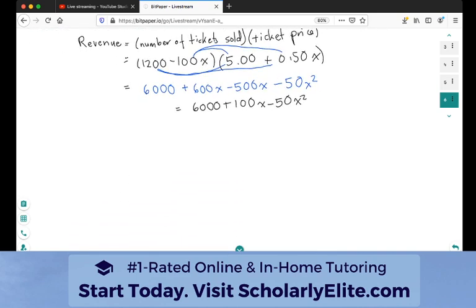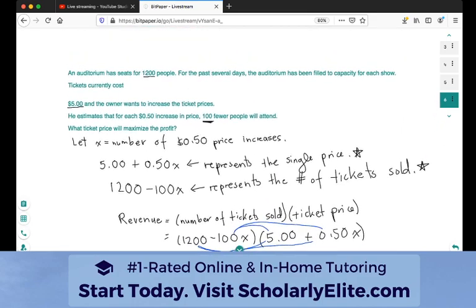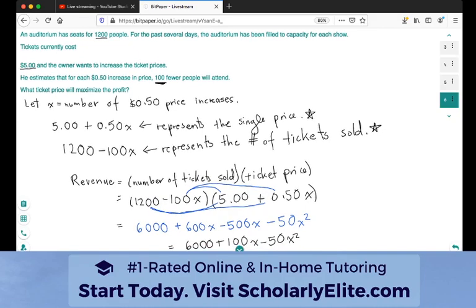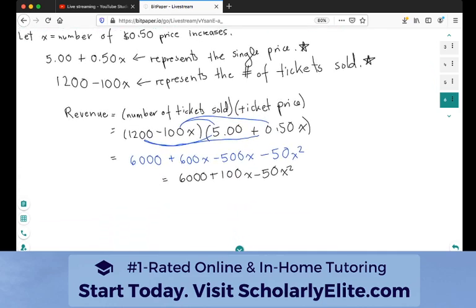Alrighty guys, so remember what we took so far to get to this point. If you remember our question, it's one of these maximizing the profit questions. We had to represent x as the number of price increases, literally the number of times you actually increase the price by 50 cents. And you're always going to be told in questions like these how much you're increasing it by.